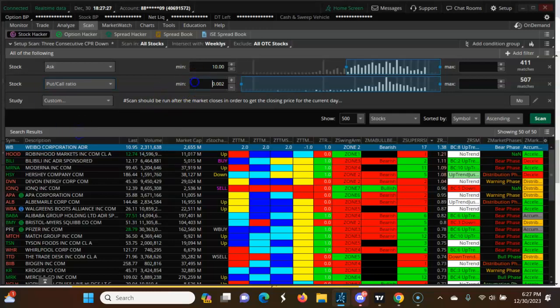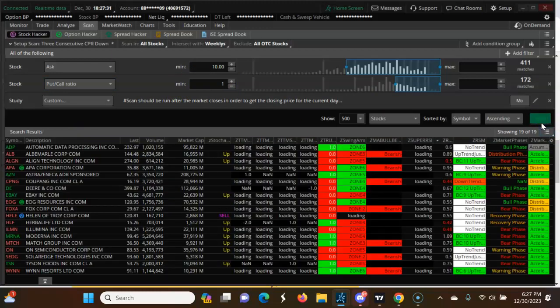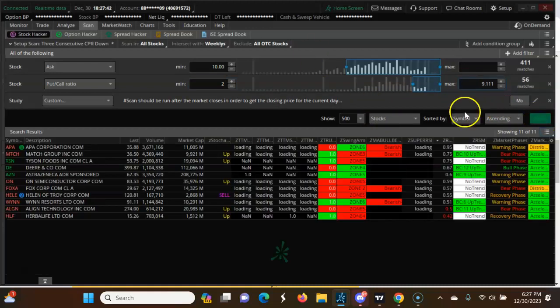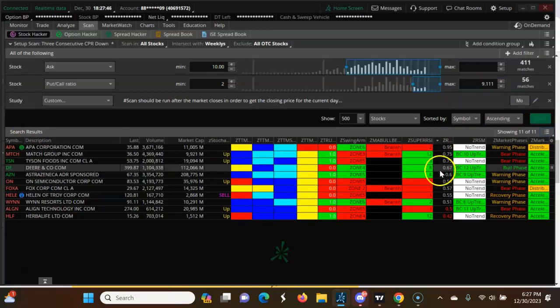Put call ratio more than 1. Okay, so basically that means there are double the number of puts than calls.